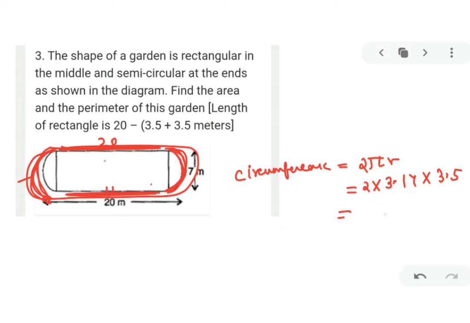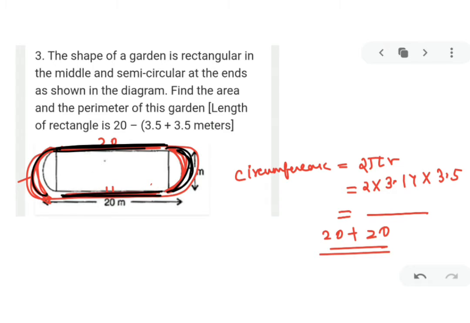You have to get the value of this circumference, and to this circumference you are going to add 20 two times. Why will you add 20 and 20 again? As I said, my dear kids, the perimeter of this structure will take this 20, this circumference, this 20, and the circumference here. So 20 and 20 two times you have to add to the entire circumference of the circle. Yes? And that will be the final answer for the perimeter of this structure.